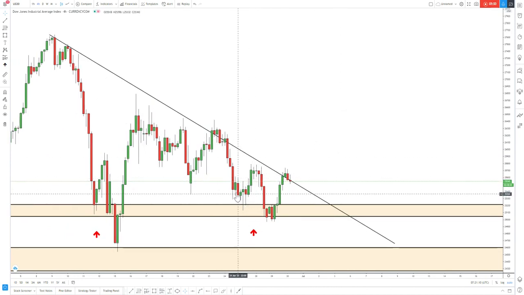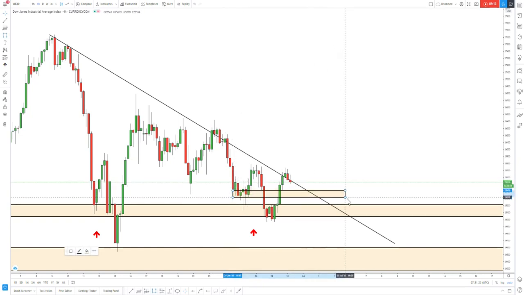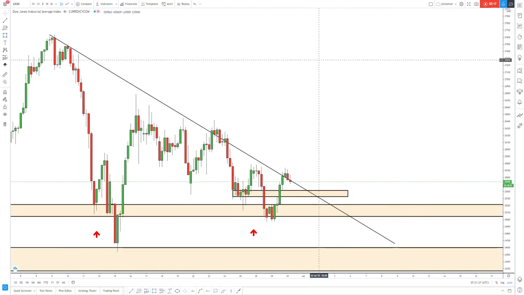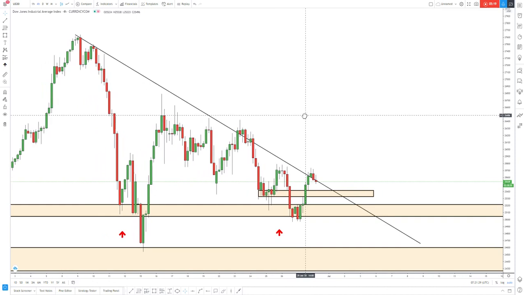So there is a huge tendency of an inverted head and shoulder forming on this pair, on this current structure right here. That's back into the structure. Then we project price higher.